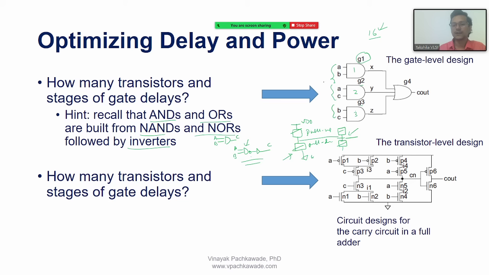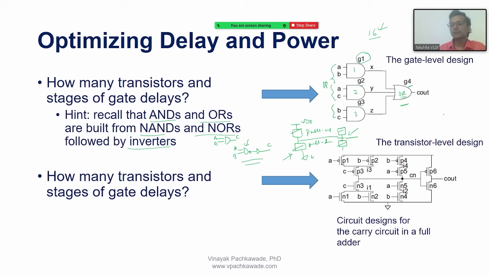So 6, 18 transistors right here. And now I have to have a 3 input OR gate. This is OR logic, gate 4. How will I implement OR logic?